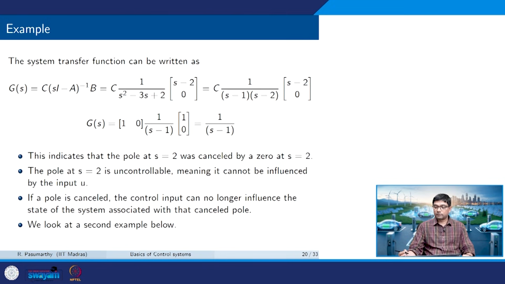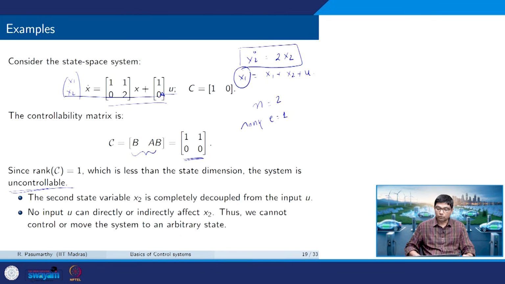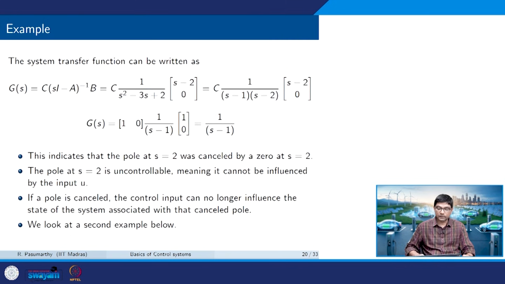So, how does my transfer function look? If I compute C (sI minus A) inverse B, let us say the output I measure is x1, the system has a transfer function with just one pole. In the denominator of (sI minus A) inverse, the determinant, I have s minus 1 and s minus 2.